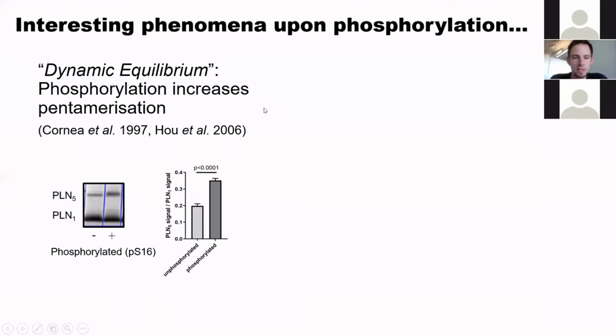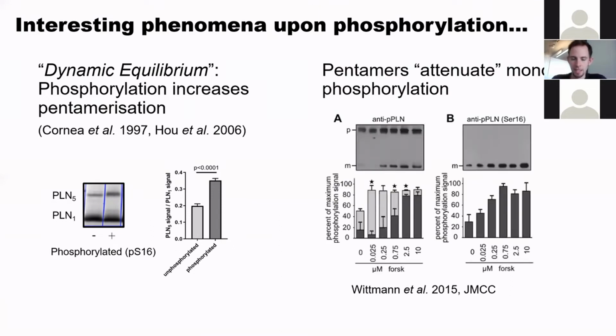And what the Schmidt lab in Germany has found, moreover, is that if you express phospholamban in egg cells and stimulate them with an agonist which activates PKA and follow the phosphorylation response, then you can see that the phosphorylation of pentamers is stimulated at rather low doses of the agonist and saturates quickly.